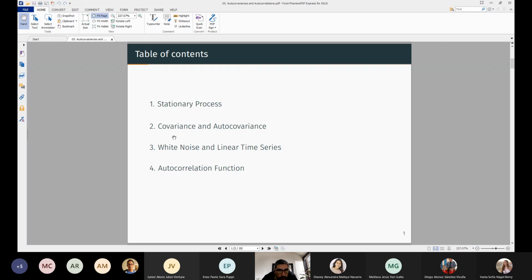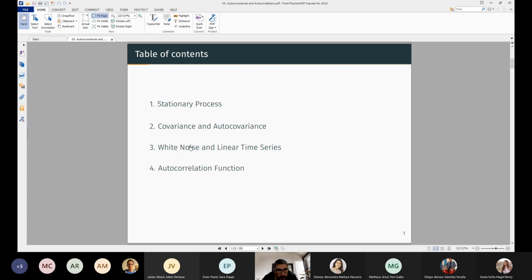Entonces, esta es la tabla de contenido de hoy. Vamos a definir qué es un stationary process. Vamos a definir lo que es el autocovariance y el covariance. El covariance ya lo conocemos, el autocovariance todavía no, pero lo vamos a definir a partir del covariance.